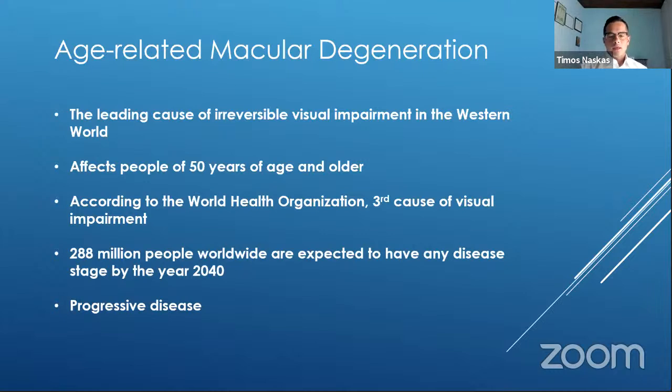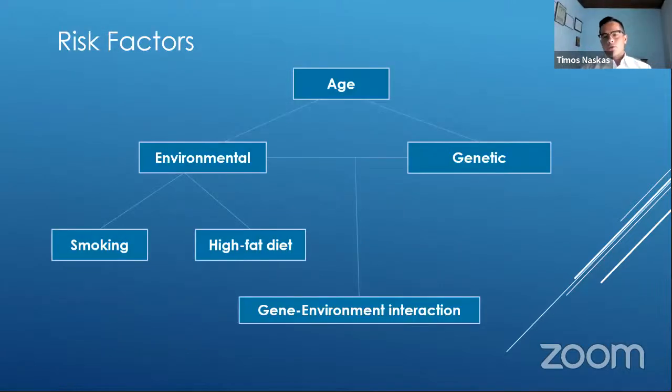And a key thing for AMD is that it has a complex pathogenesis. So we are still understanding the disease, and we can't say that we have put the whole puzzle in place to know the full set of risk factors. So as the term implies, AMD is an age-related disease. So age is the key risk factor that plays a role.